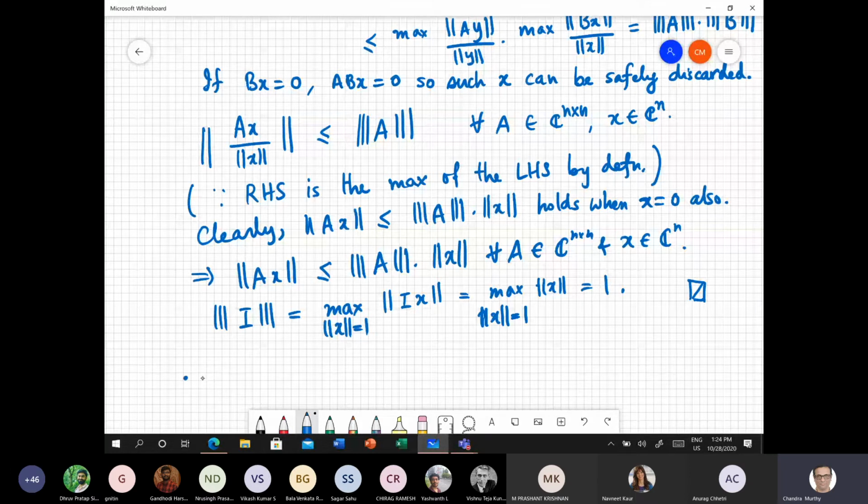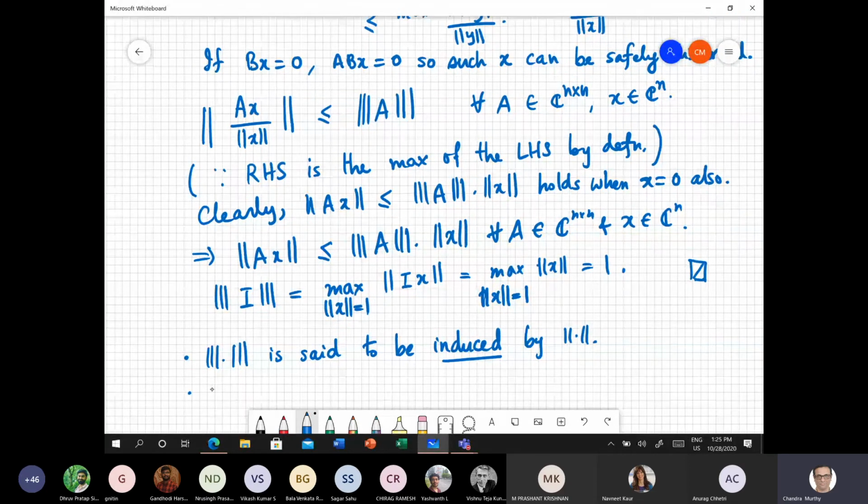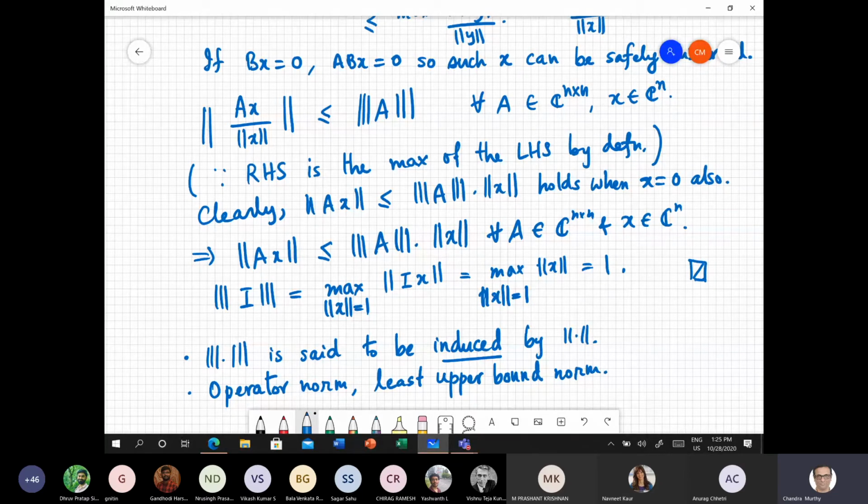Okay, so this matrix norm is said to be induced by the vector norm. So it's also called the operator norm, or it's also called the least upper bound norm. Okay, this is basically the least upper bound norm.